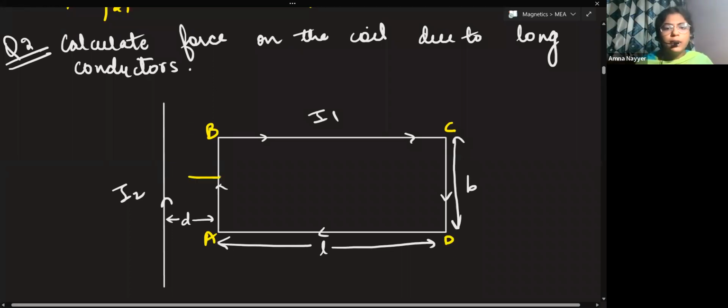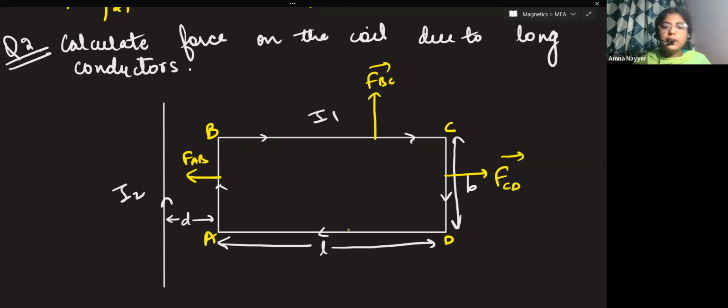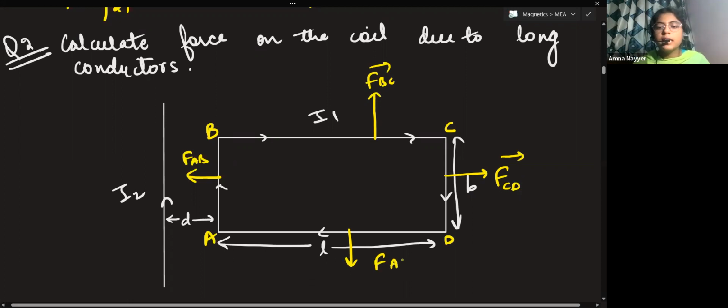This side will attract, force AB. There will be force here as well. FBC will be applied here. Both of them will repel each other, no? So this is force CD and this one will be force DA.